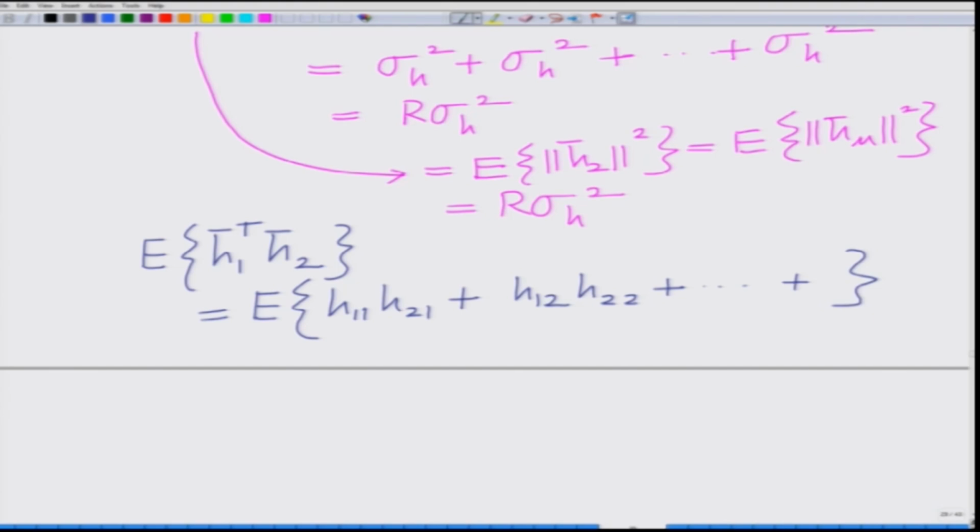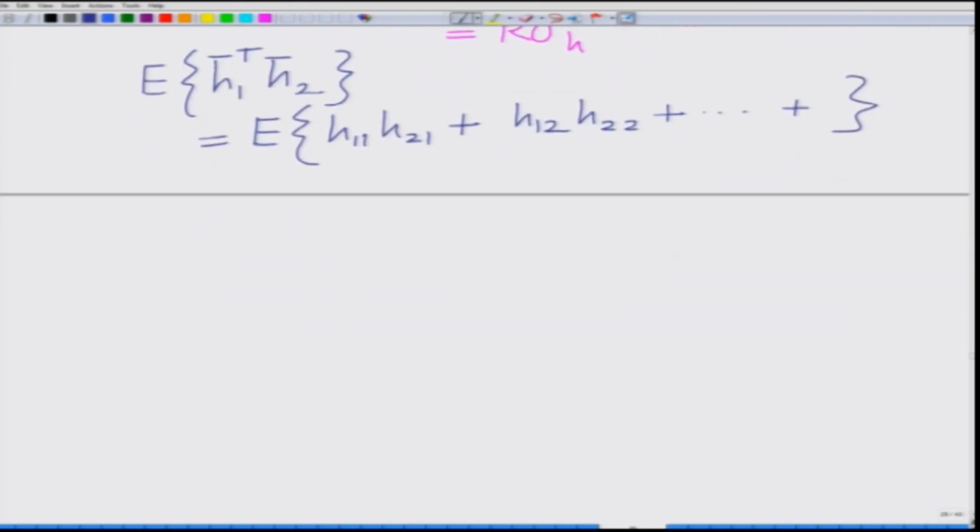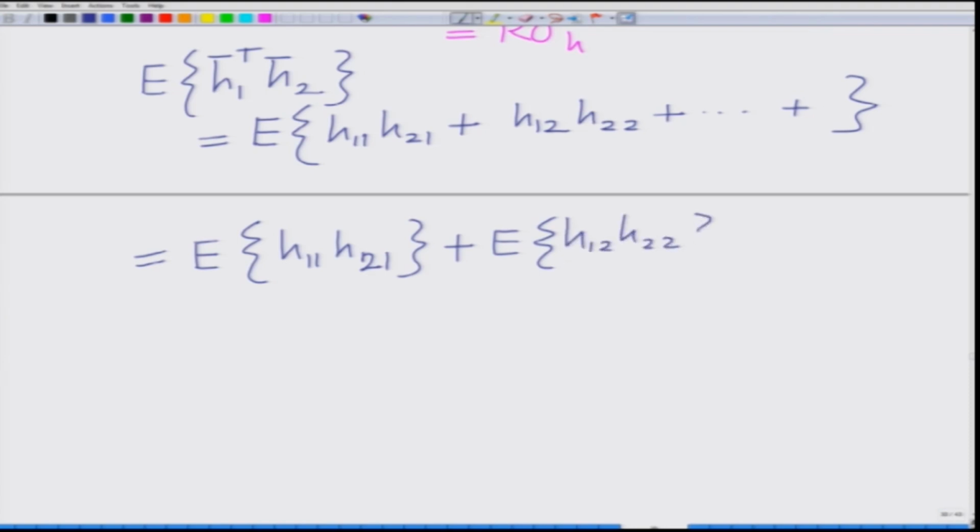I can split this into the sum of the expectations, that is expected value of H11 H21 plus expected value of H12 H22 and so on.